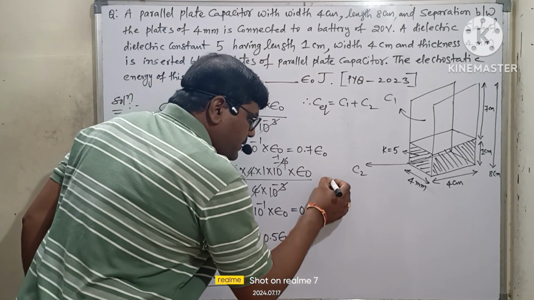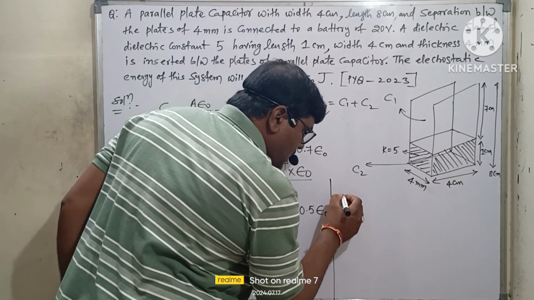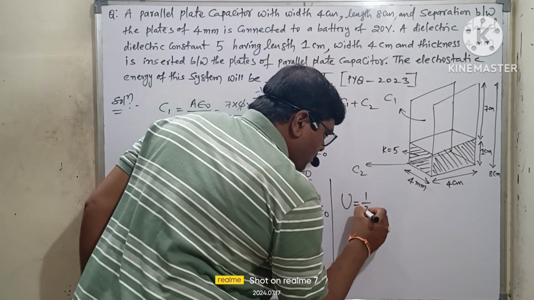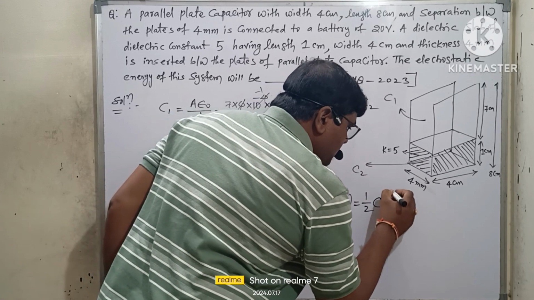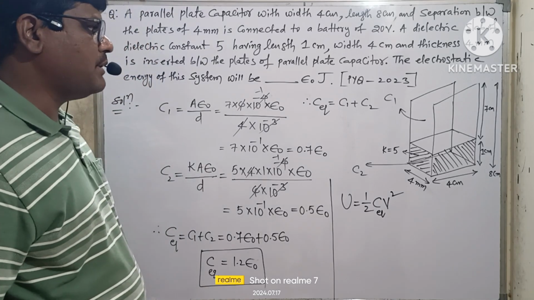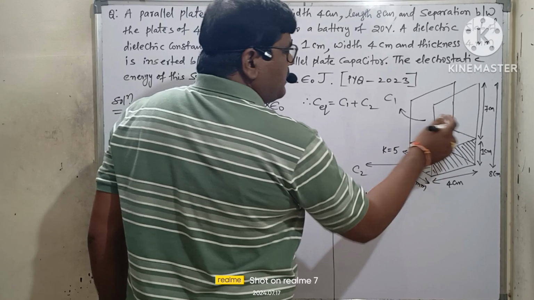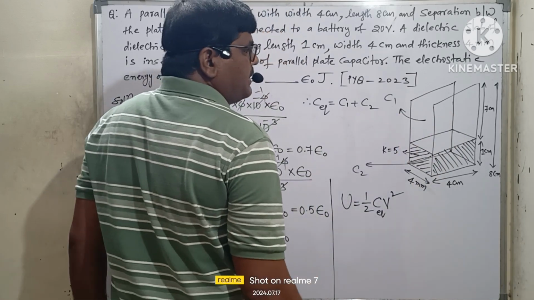We know the formula. What is the formula of electrostatic potential energy? U is equal to 1 by 2 C V square, that is, 1 by 2 C equivalent V square. What is V here? It is already given. Between these two plates, one battery is connected.